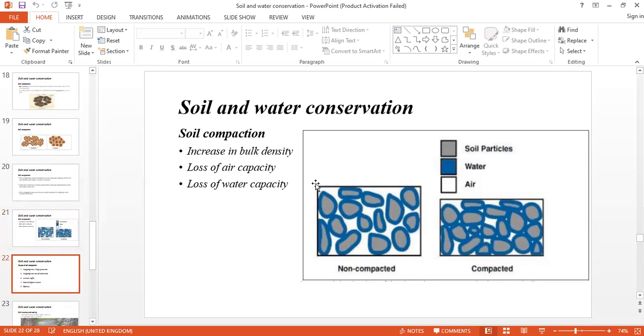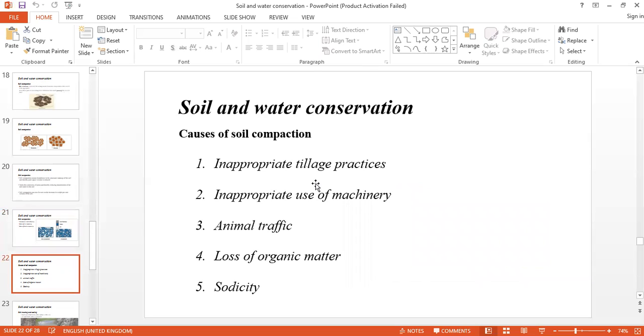So that's one of the causes of soil degradation, which is compaction. And now, what will cause the soil to be compacted? There are various things that we can attribute it to. One of them is inappropriate tillage practices.